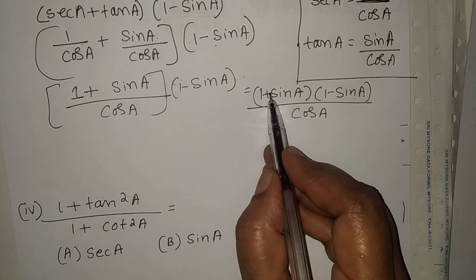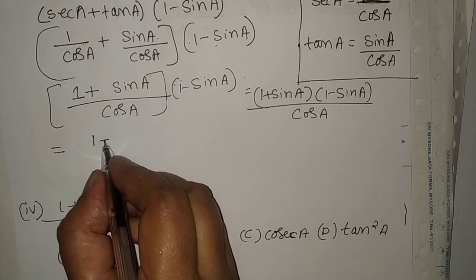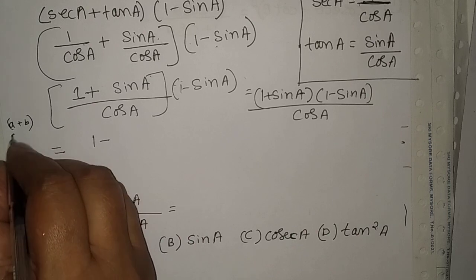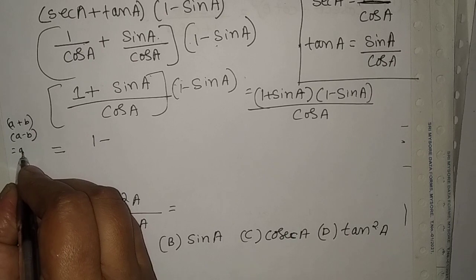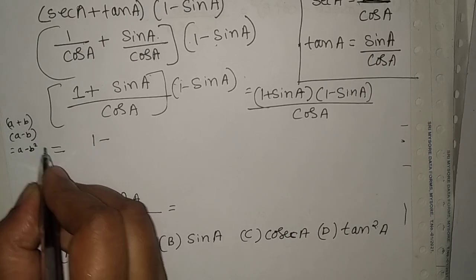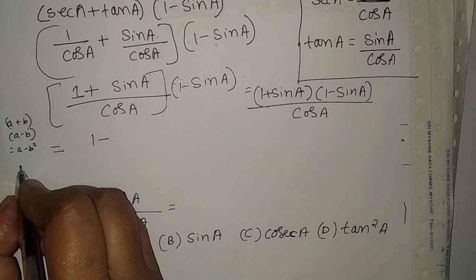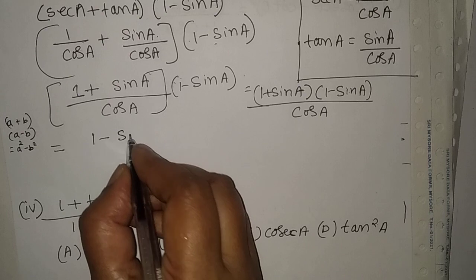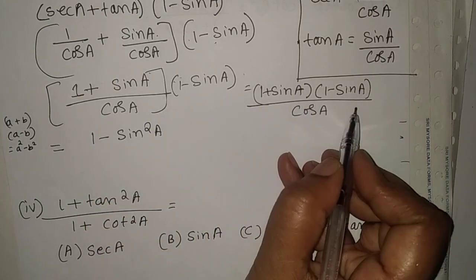This can be written as 1 minus sin square, using the formula (a plus b) into (a minus b) is equal to a square minus b square. Now 1 square is 1 and the other is sin square A. Take this one as a and this one as b.